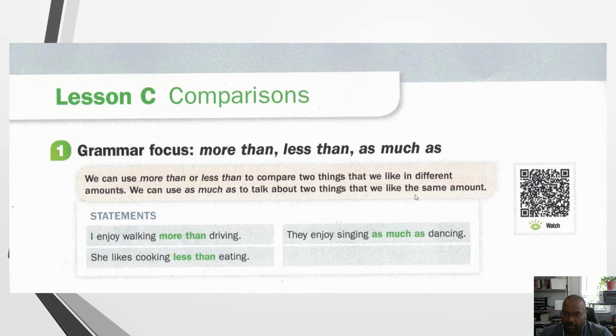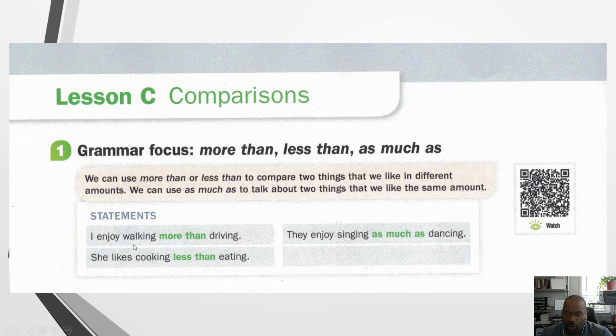So let's look at our statements. I enjoy walking more than driving. Okay? She likes cooking less than eating. They enjoy singing as much as dancing. Okay? So let's go over these statements again. I enjoy walking more than driving.